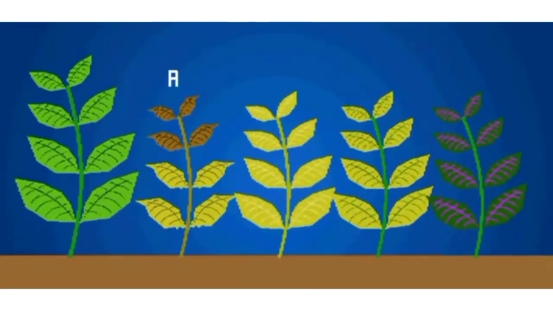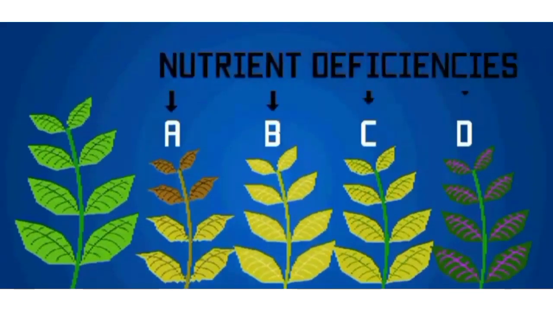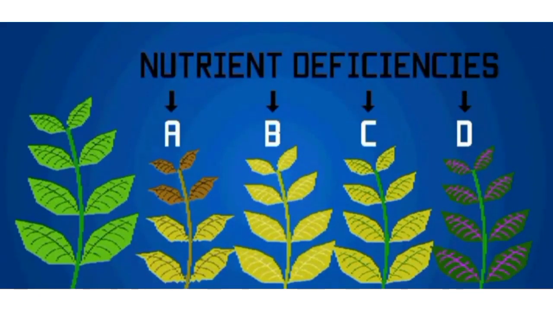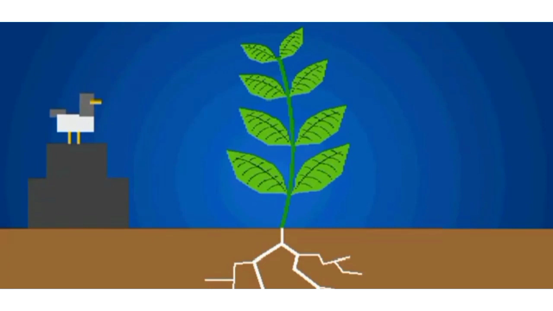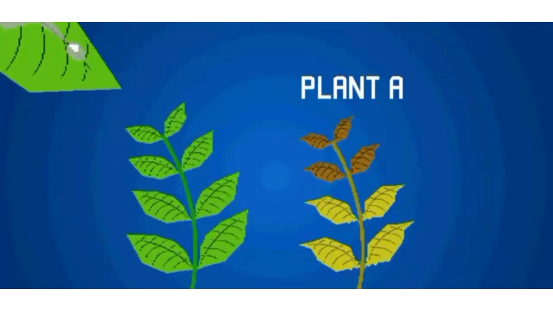For example, what do you think has happened to these 4 plants? These 4 plants have nutrient deficiencies, as they have not received enough nutrients needed for proper growth from the roots of the plant. For example, nitrogen is needed to make proteins, green and stronger leaves, and for proper growth.